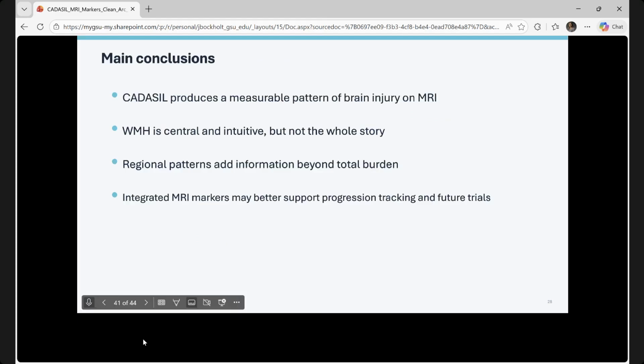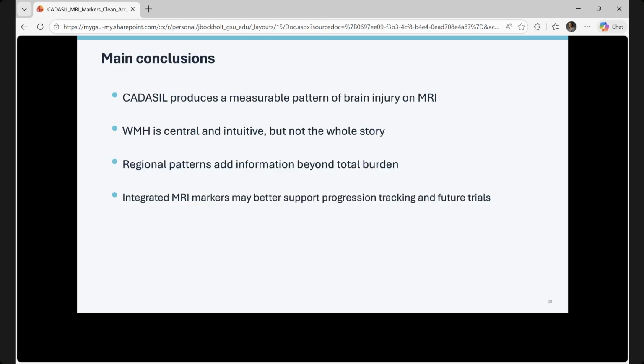So next and near the final slide. CADASIL produces measurable patterns in brain injury using MRI. And white matter lesions are central to this, but they're not the whole story.